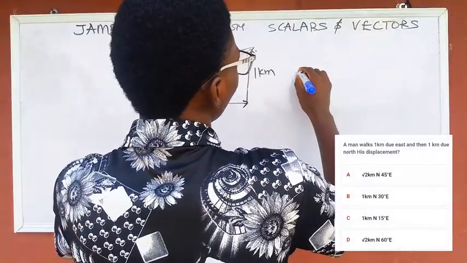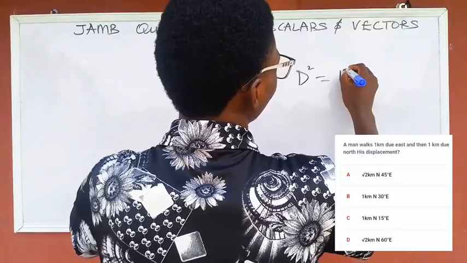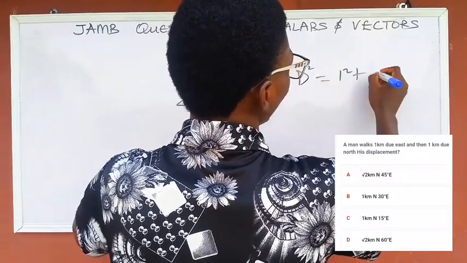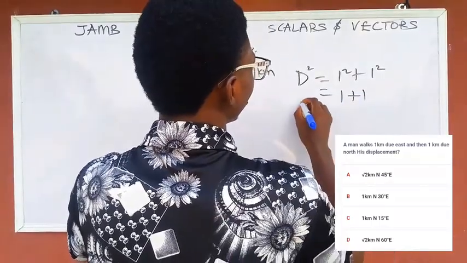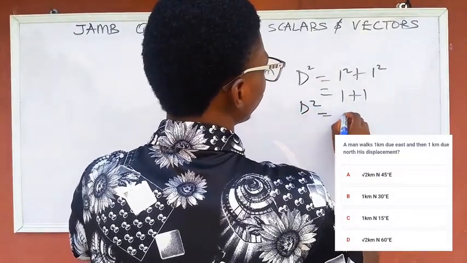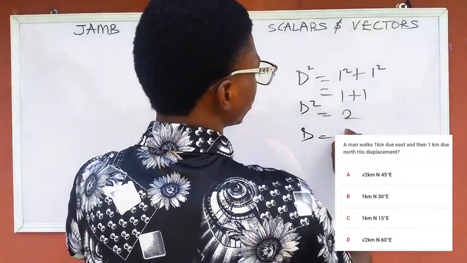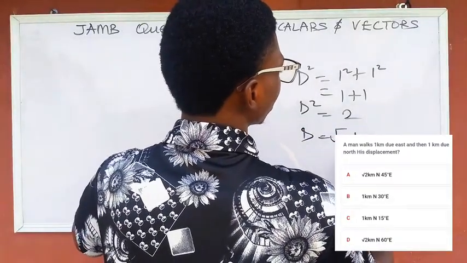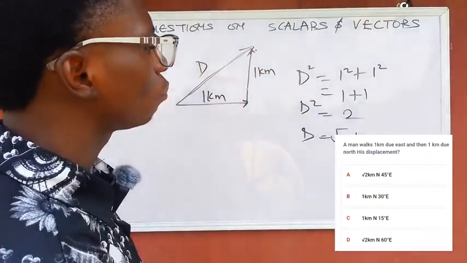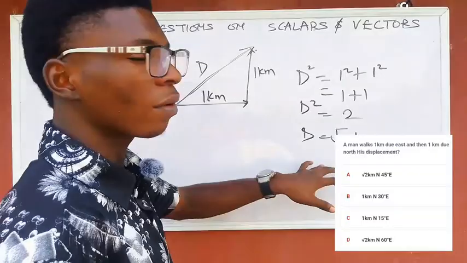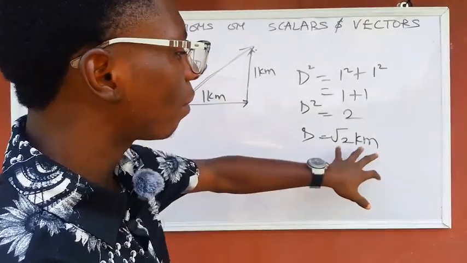This displacement squared will be equal to 1 squared plus another 1 squared. That will be equal to 1 plus 1, which is 2. Take the square root of this displacement. That will be the square root of 2 kilometers. Is that clear? That will be the value of our displacement.